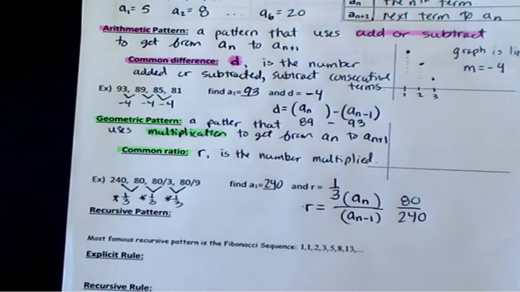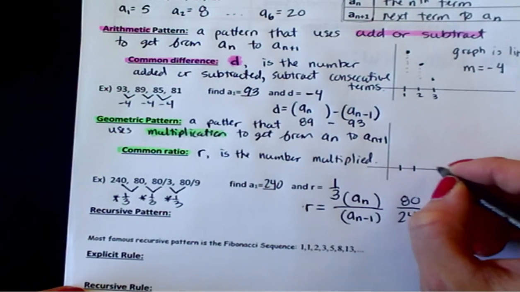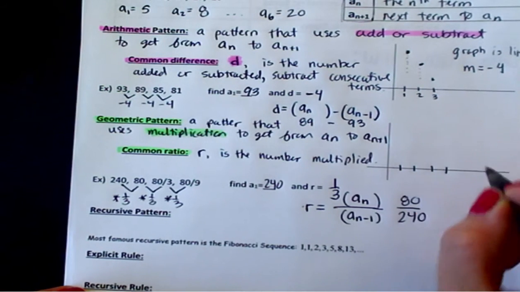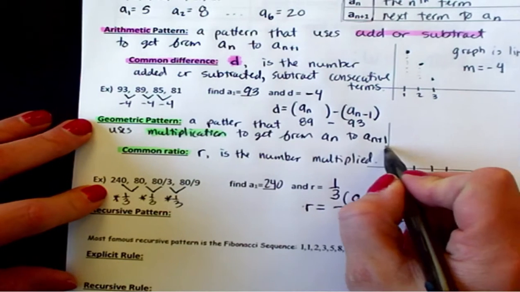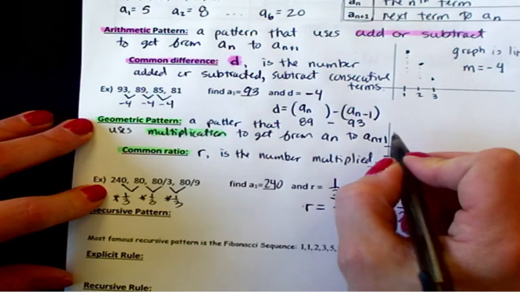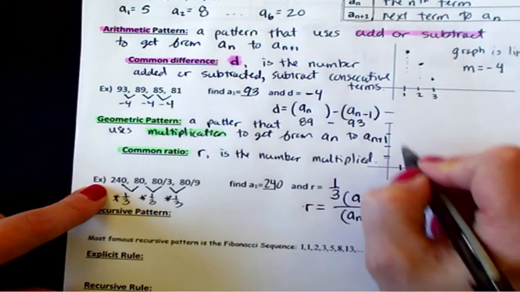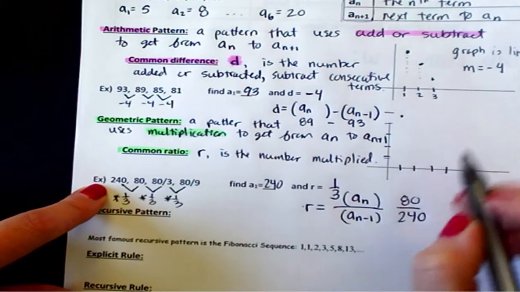What's that graph going to look like? So let's see if we can just plot 1, 2, 3, 4. I'm going to try to give this a little bit of scale, counting by 50s. The first one is way up here.